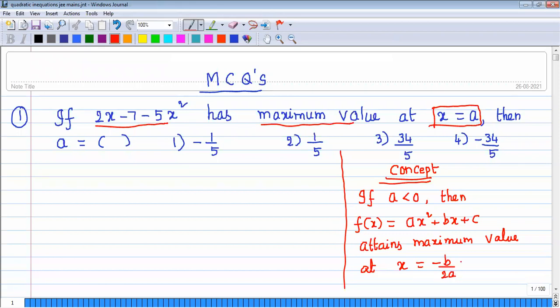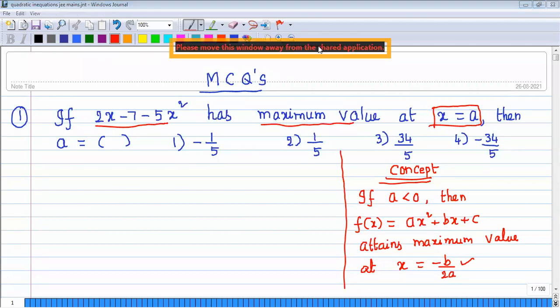So we need to evaluate minus b upon 2a, where b is the coefficient of x, a is the coefficient of x square. Substitute here, you will get the x value, that is nothing but here a, that's all.